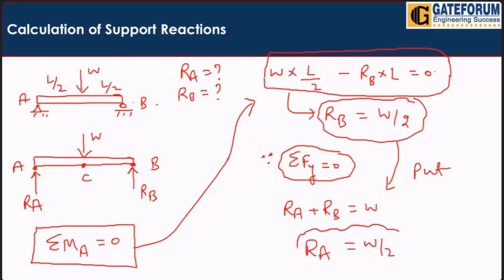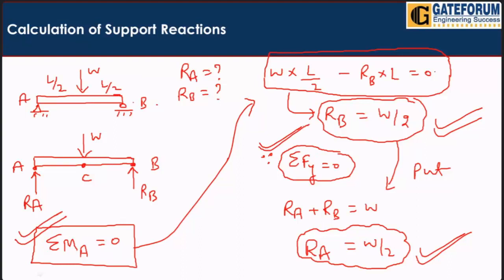In this way, we have calculated both the support reactions, RA as well as RB. So always use summation of moment about any point and summation of force in the y direction equal to 0 to get RA as well as RB.